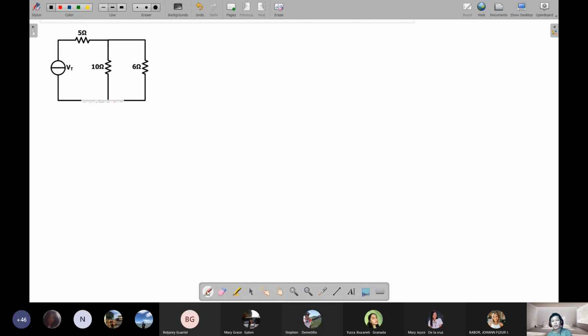Again, slowly simplify. Start with whatever series or parallel is there. For example, in this circuit, is there a basic series connection?